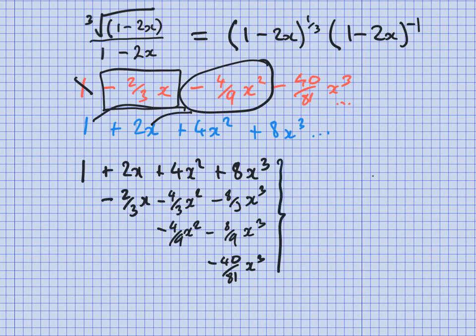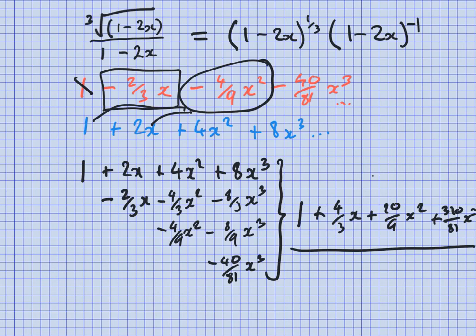Putting all of these together gives me 1 plus 4/3 x. I'm working out each one of these on the calculator as I go. Plus 20/9 x squared plus 320/81 x cubed.